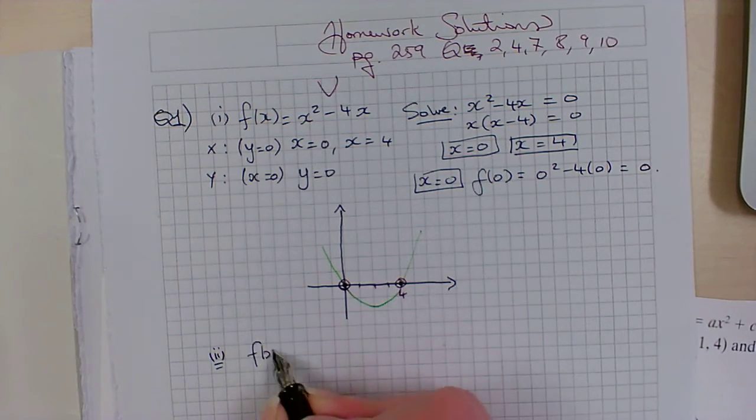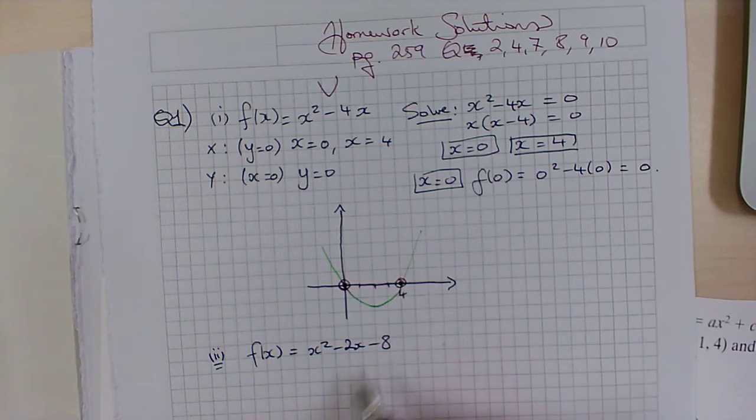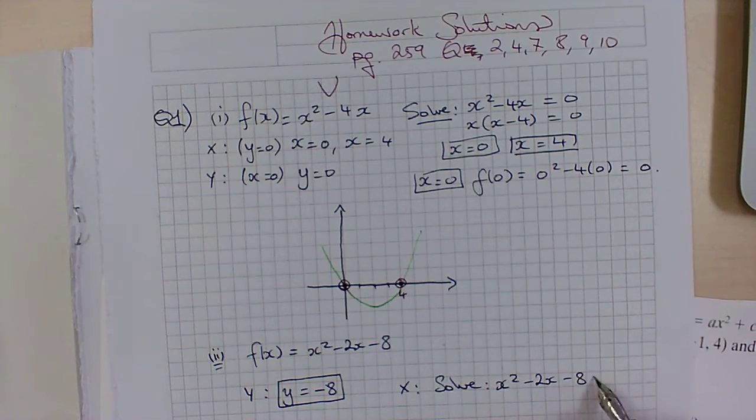We have f of x equal to x squared minus 2x minus 8. The y-intercept is the easiest one to find. When I fill in x equals 0, all that's left is going to be the constant. So in every single function, the constant is always your y-intercept. When I'm finding my x-intercepts or my roots, I'm solving that quadratic equal to 0.